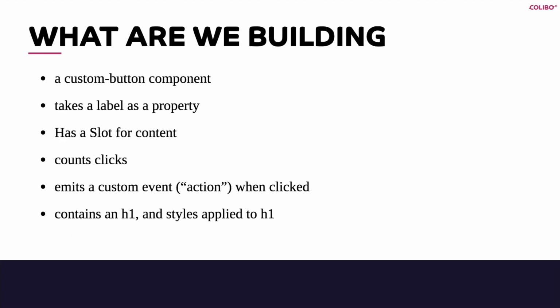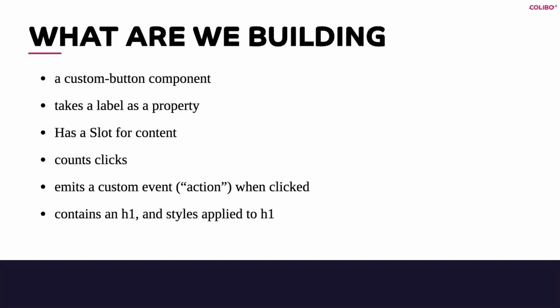So we will be building a custom button, a button that takes a label in as a property, that uses a slot for some default content, and then it's going to count how many times you click it. So it's a pretty simple element, right? And then it's going to emit a special event that we call action whenever it's clicked.